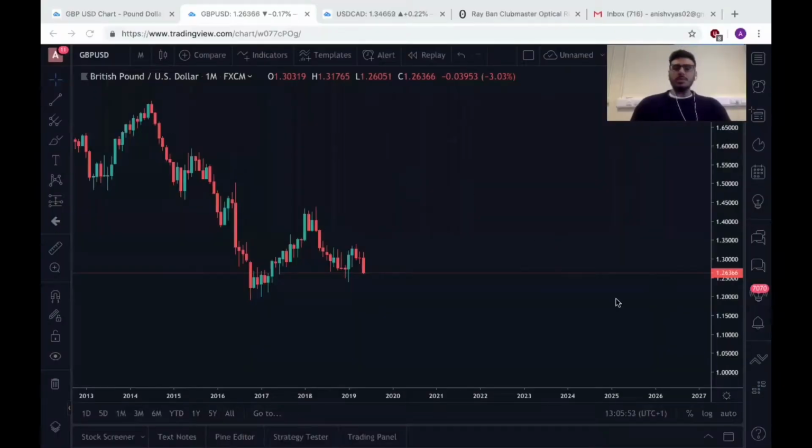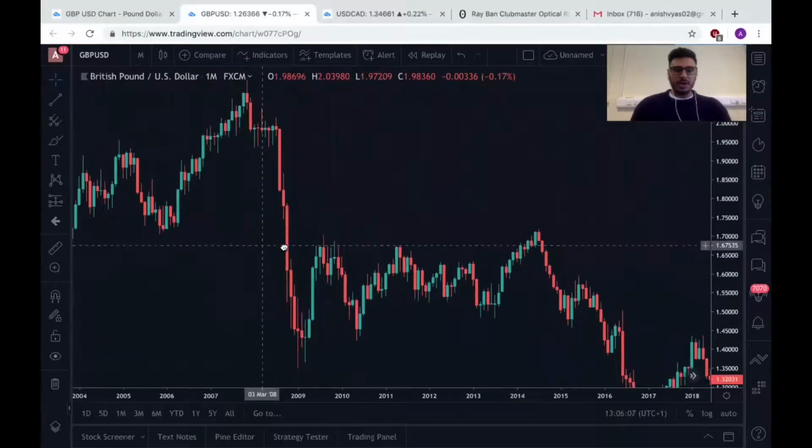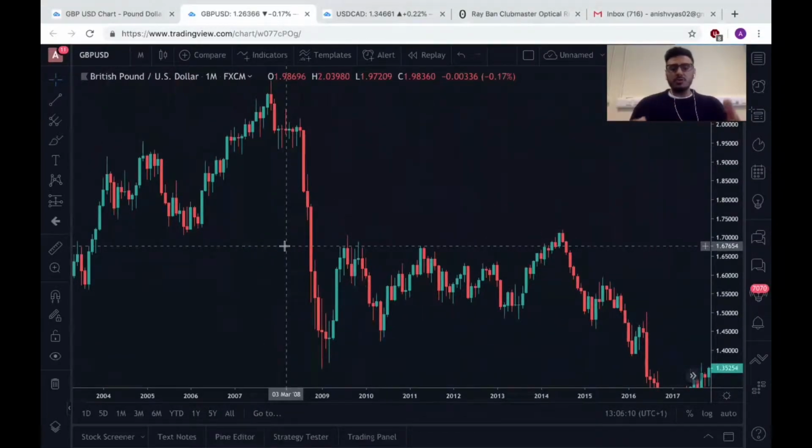Alright guys, so I guess the easiest way to explain to you what leverage, lots and pips really are is just looking at the charts and looking at the 2007-2008 financial crisis. So if I take you back to this point in time, if you didn't know, the banks and the governments and everything, it just went to hell.